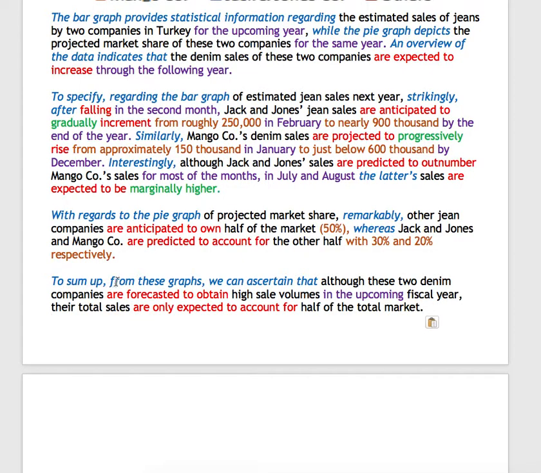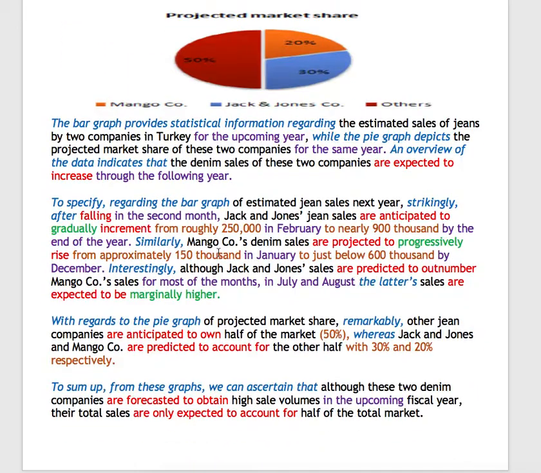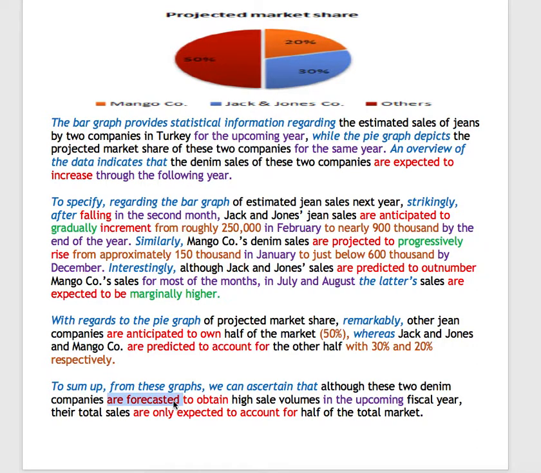To sum up, from these graphs, we can ascertain that although these two denim companies are forecasted to obtain, it's like the weather forecast, but this is a business forecast. They are forecasted to obtain, to reach high sale volumes in the upcoming fiscal year. So high sale volumes, that means sale amounts.